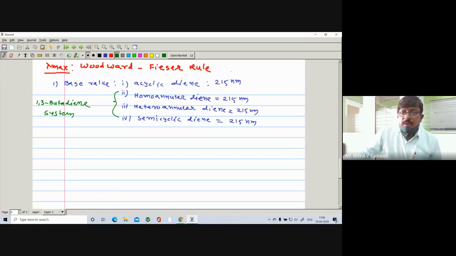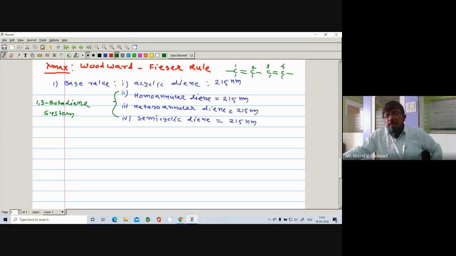So in this case we can say that if there is a presence of two pi bonds in conjugation, here is a 1, here is a 2, here is a 3, here is a 4. So the pi bonds are present at 1 and 3 position. So it is an example of a 1,3-butadiene system. And for this one you have to add the basic value 215 nanometer.